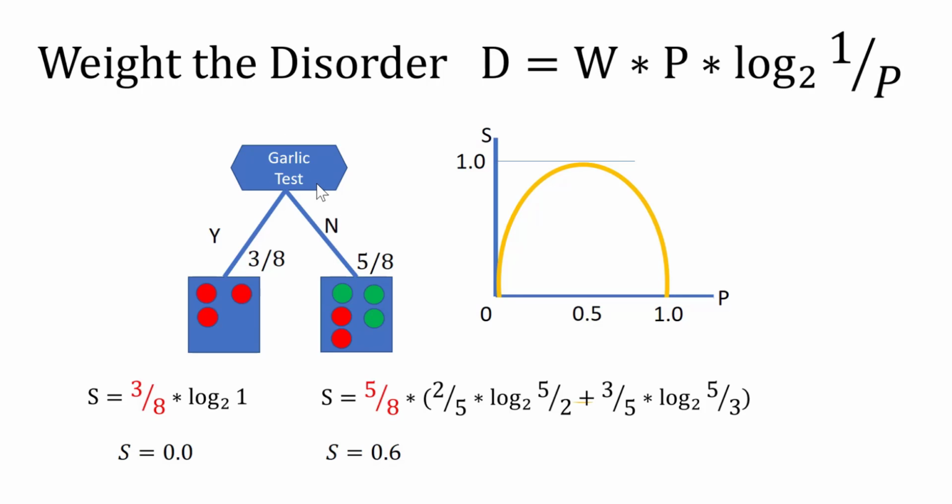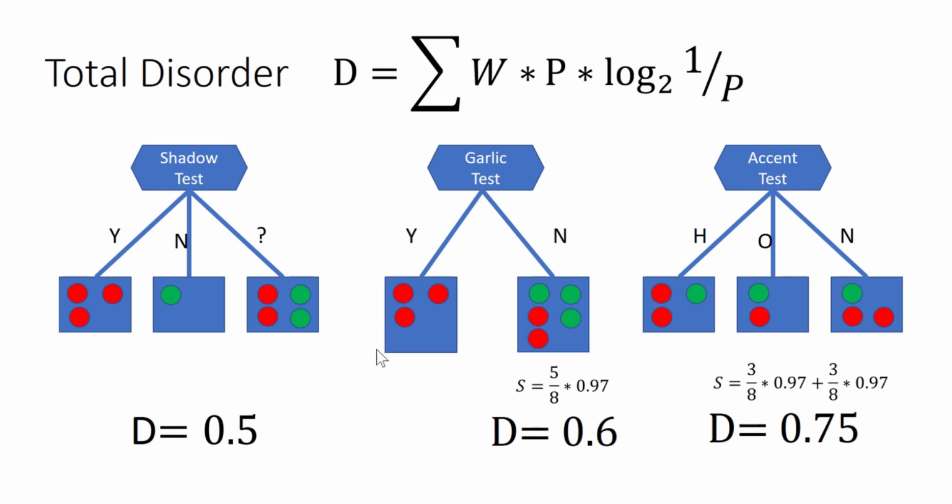So we can look now at all of these tests and find out how much disorder they give rise to. That's what we'd like to do. And if we work through these, we find that the shadow test gives us disorder of 0.5, the garlic test 0.6, so more disorder, and the accent test 0.75. So the best test is the shadow test.